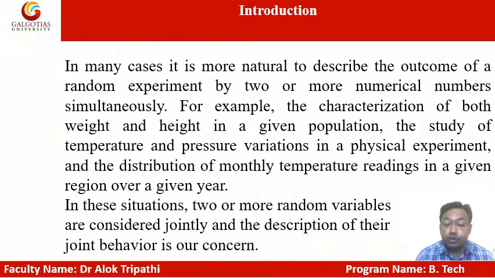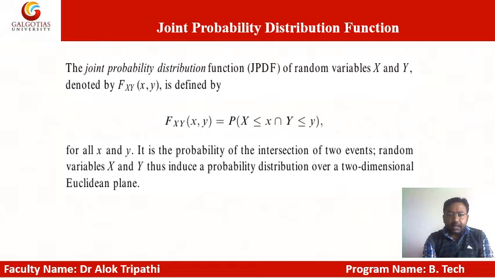But there will be situations where we may find it desirable to record the simultaneous outcomes of several random variables. So before starting the joint probability density function for two-dimensional random variables X and Y, we define the joint probability distribution function, likewise as we did in the case of a single-dimensional random variable.